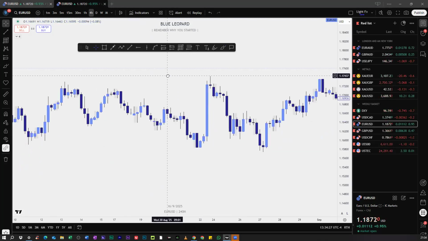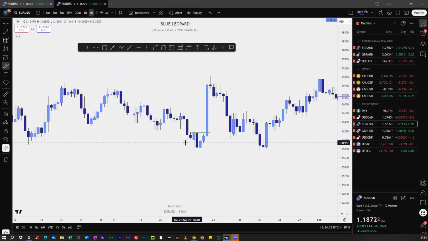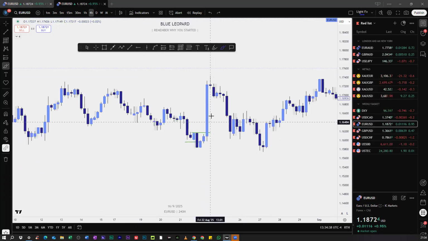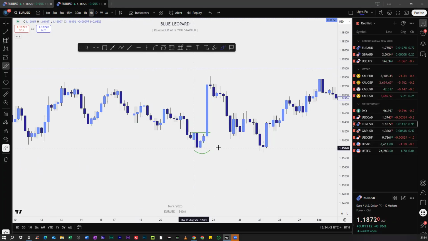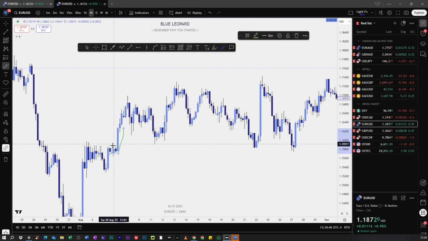Every time you have an expansion like this, if you have a sweep before that, you have found yourself a level that is protected. You see, price couldn't close below this. Every time you find an expansion and there was a sweep here, price obeys, never comes and closes it.